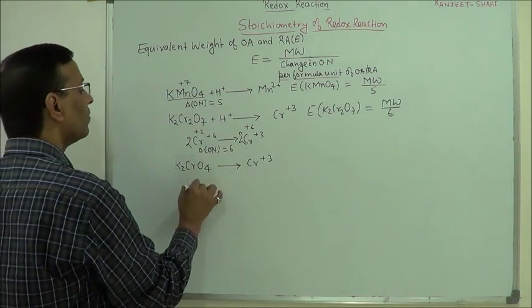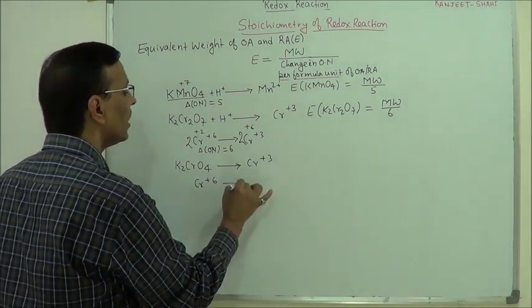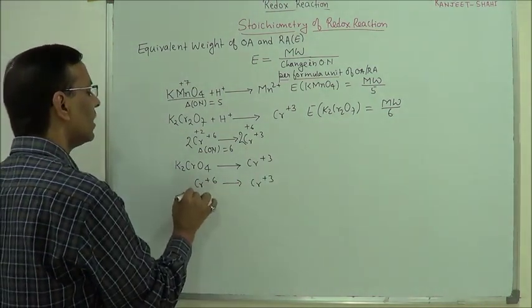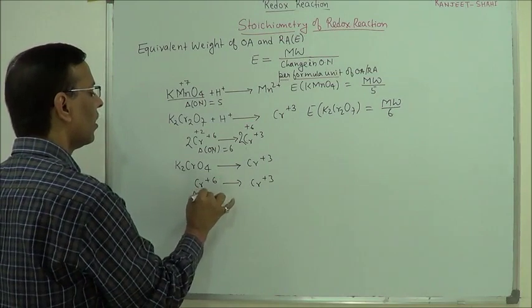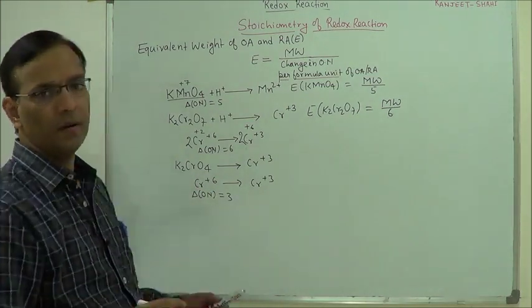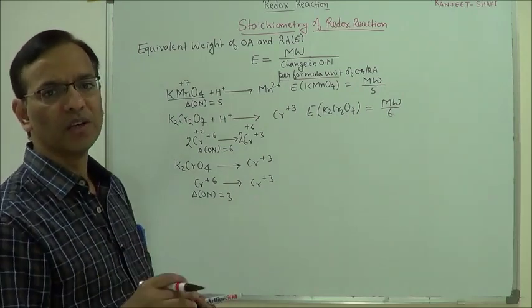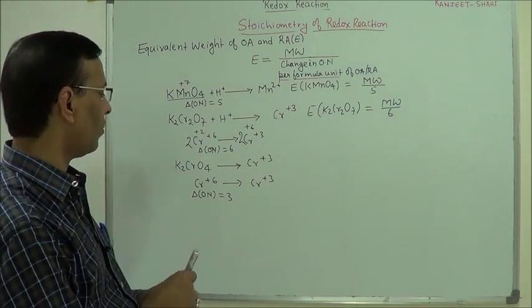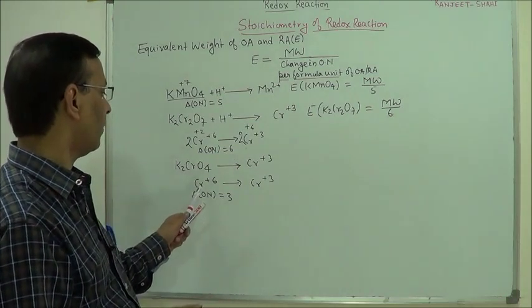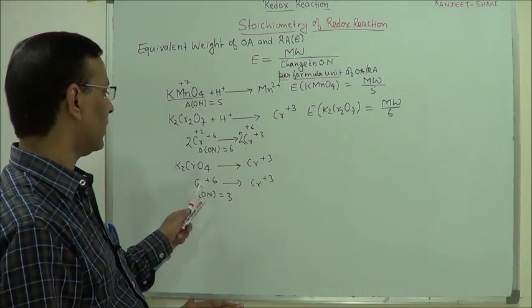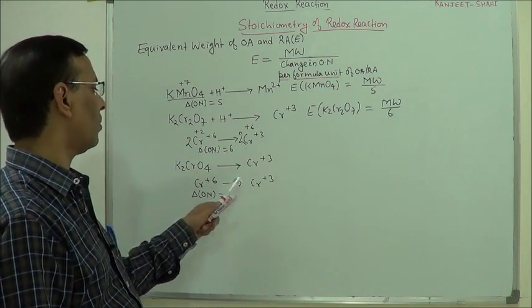Now again chromium is undergoing change from chromium plus 6 to plus 3, but now change in oxidation number is 3 only. It is because in one potassium chromate we have one chromium. So now we need to take a difference for one chromium only.